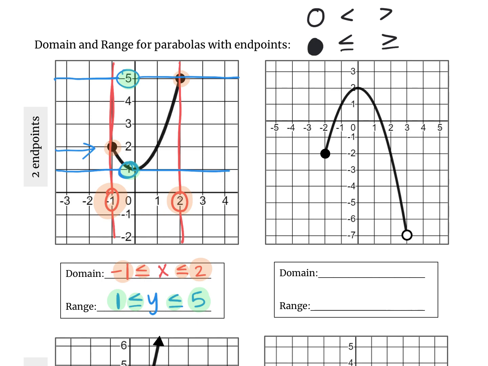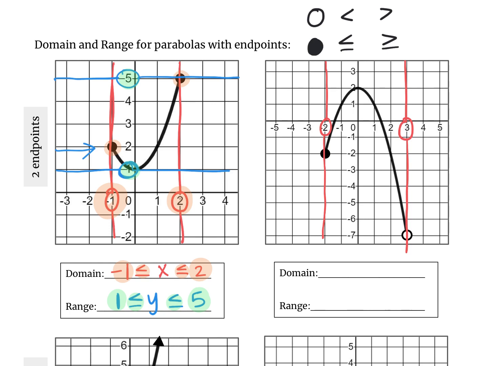Okay, so let's look at our next one. For our domain, again, we go left to right. The farthest left on this function is where x is -2. So that's where it starts. And the farthest right is when x is 3. Notice we do have an open circle there.